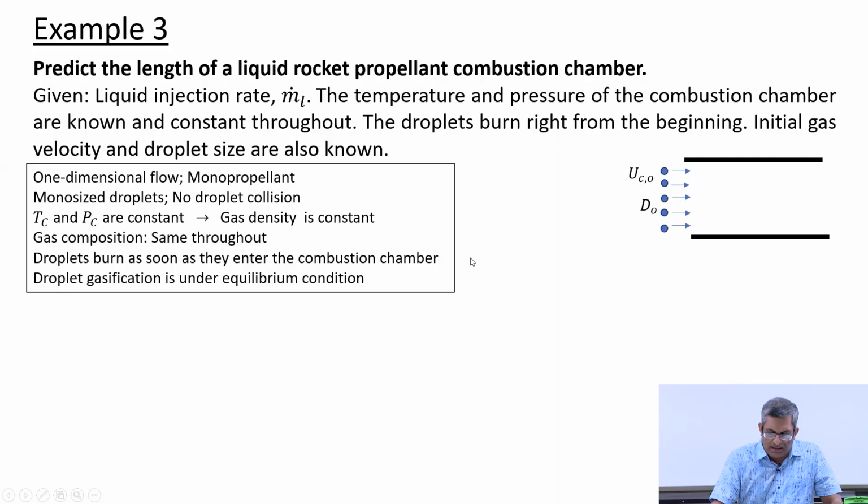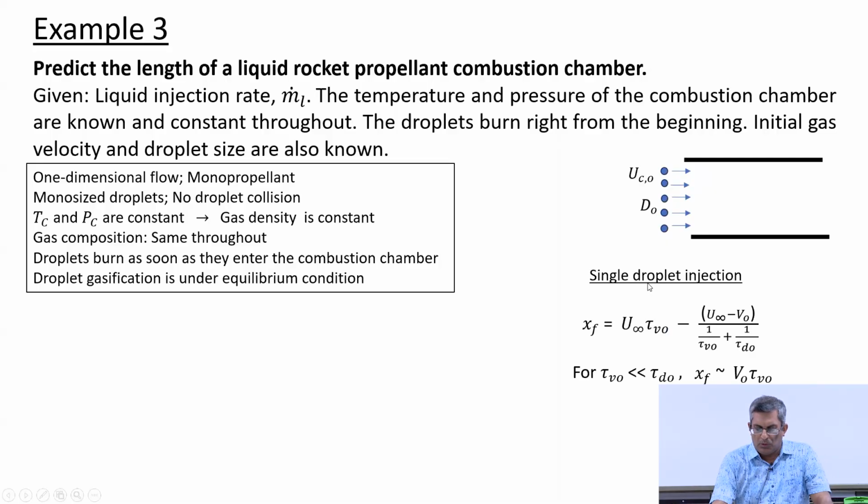Okay. So if we go back to single droplet injection that we discussed previously, we get this as our length. What is this length? X F. This length refers to the distance where the particle would evaporate completely.